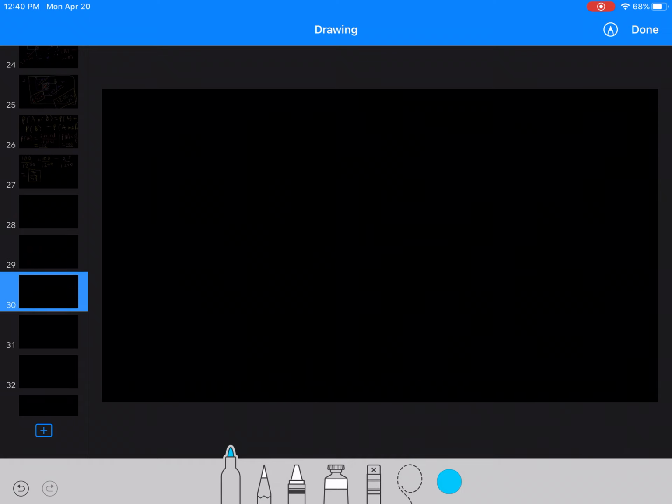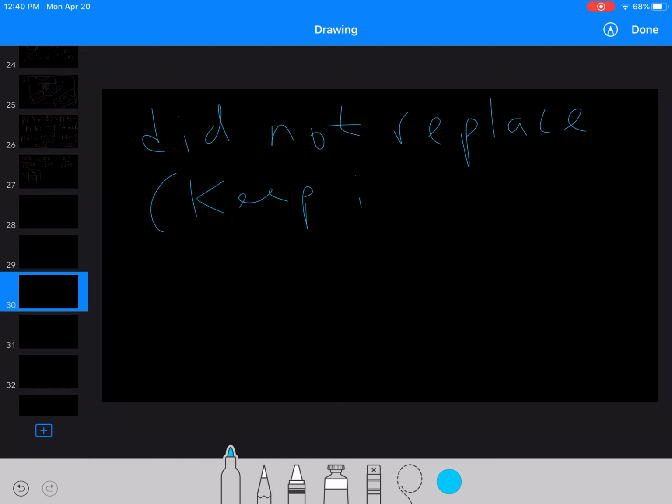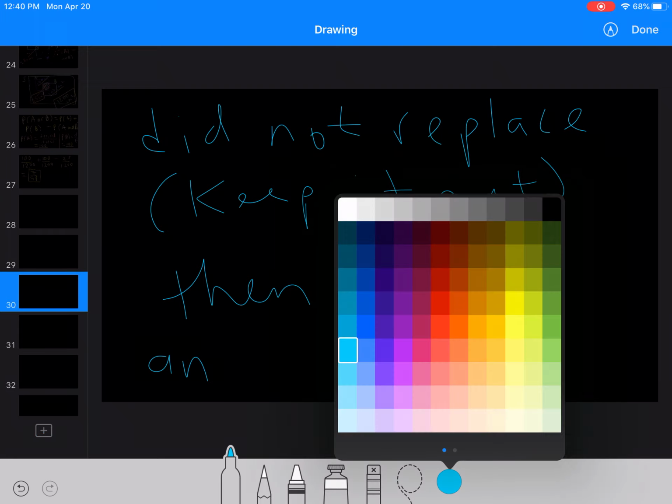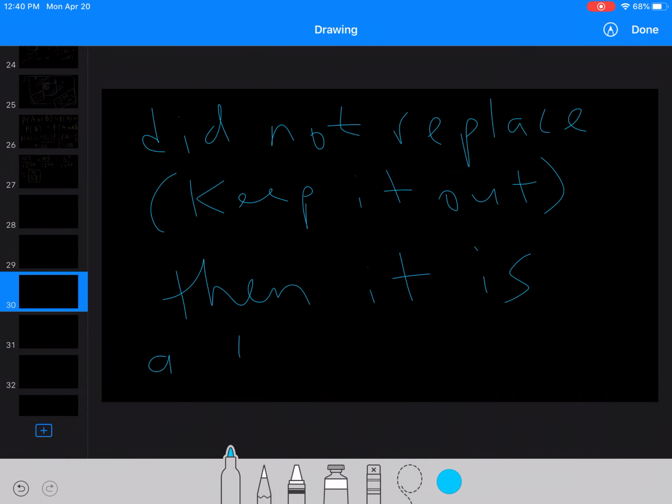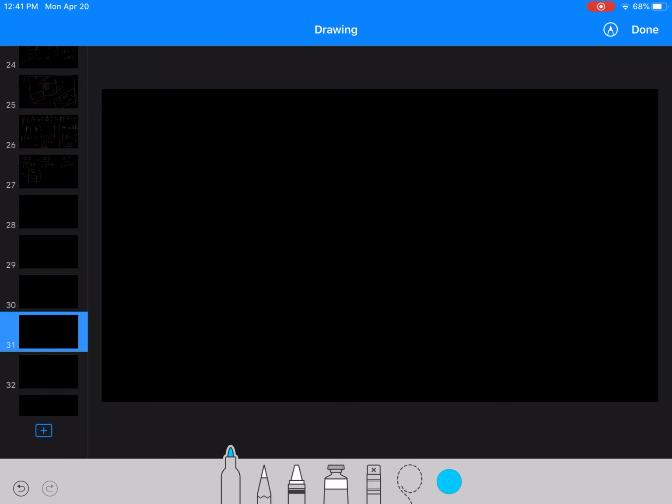However, if you did not replace or keep it out, then it is a dependent event. Okay, sometimes known as conditional. All right, so let's look at an example of an independent event here.